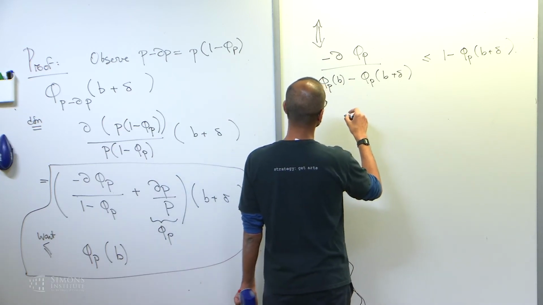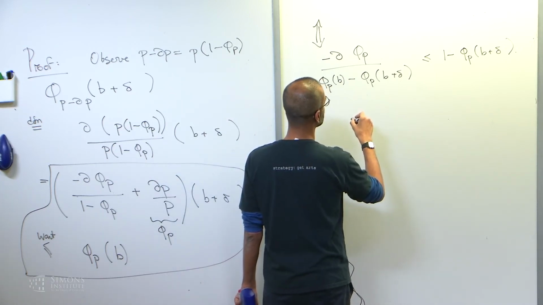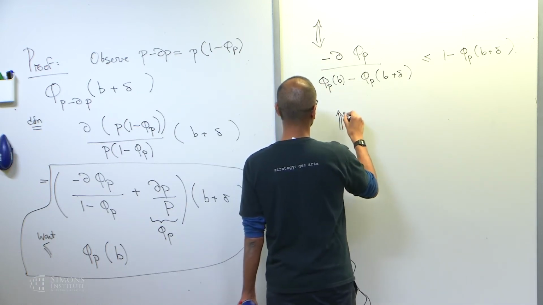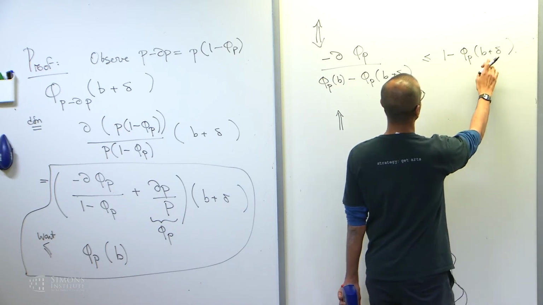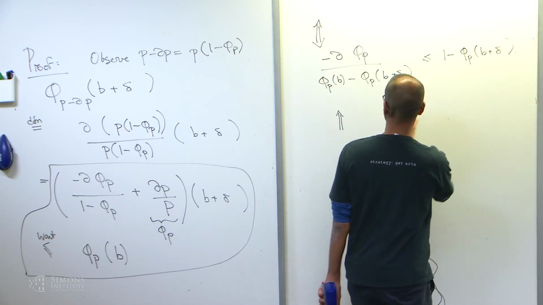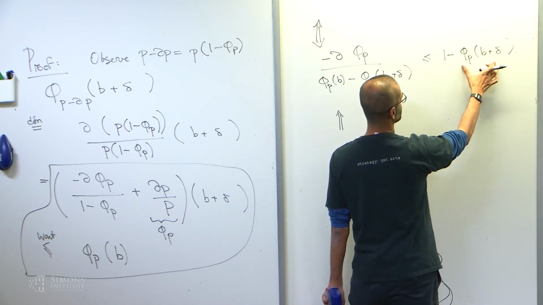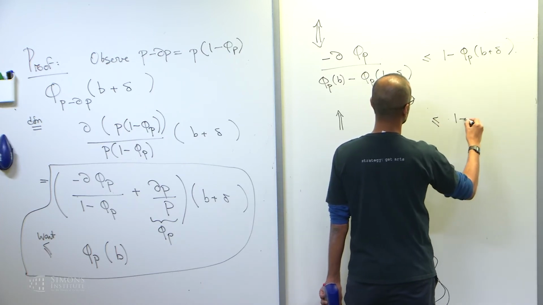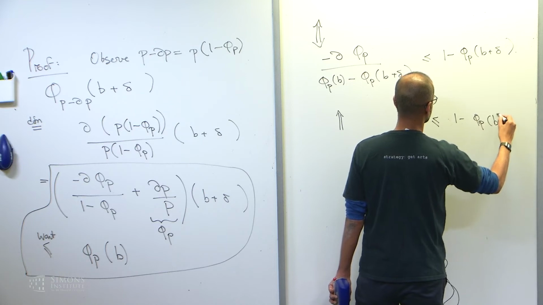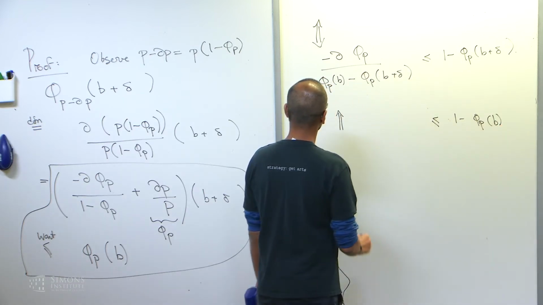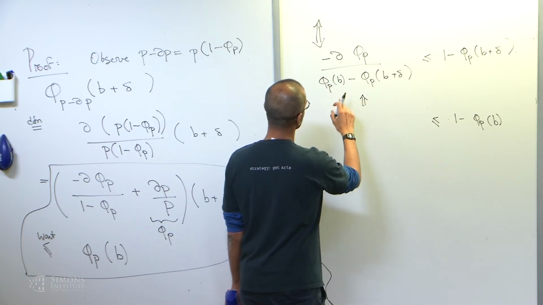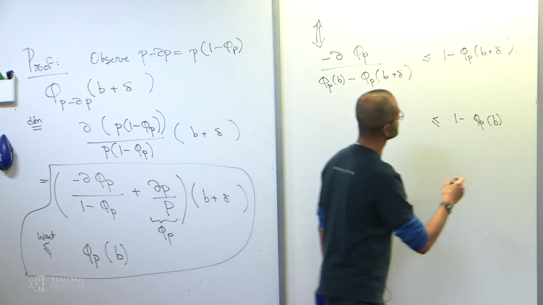Now I'm going to use one more property. I'm going to use monotonicity again to say that a stronger statement would be to replace this by a smaller number. So I can replace this by 1 minus phi P of B. And now I'm going to use one more property, which is convexity.